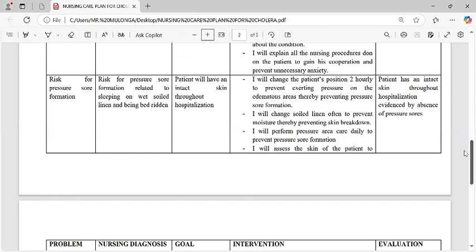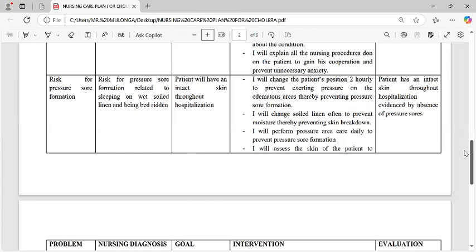It's either risk for pressure sore formation, because the sores will form on the pressure areas, but it can also be risk for impaired skin integrity, because this patient is sleeping on a wet surface and the skin will start to break, or it can even form rashes, irritations, and all that. So that is our assessment. So here we've chosen our problem to be risk for pressure sore formation, but I've also said we can put a problem such as risk for impaired skin integrity.